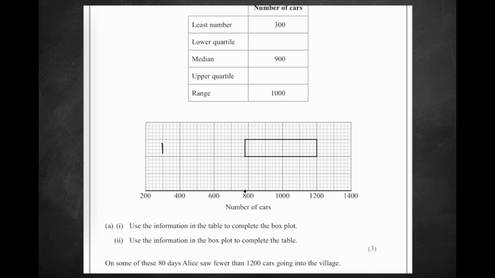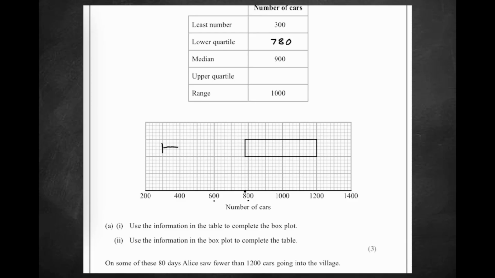Each box is worth 20, it's 5 boxes per 100, as I can see it's 10 boxes between 200, which means this here is 780, as it is 1 box short of 800, and each box is 20.